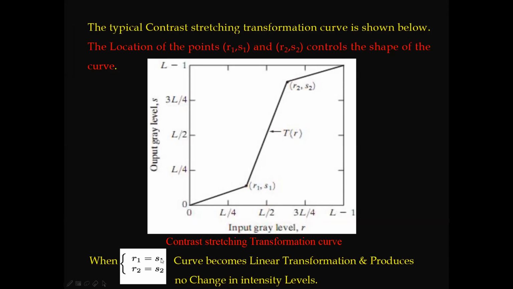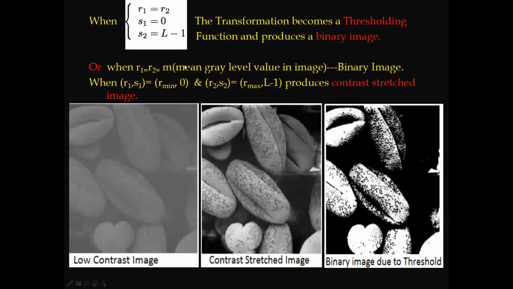When R1 equal to S1 and R2 equal to S2, the curve becomes a linear transformation and produces no change in the intensity levels. And whenever R1 equal to R2, S1 equal to 0, and S2 equal to L-1, the transformation curve produces a thresholding function. So that means it produces a binary image.